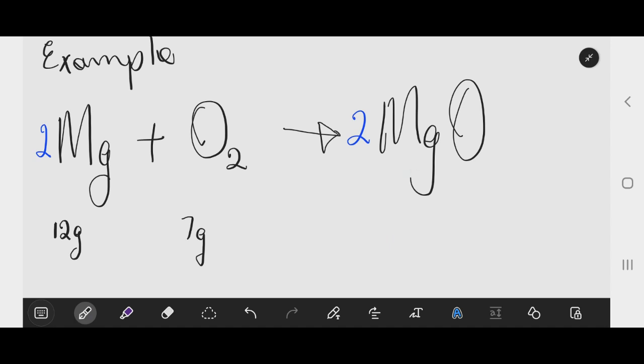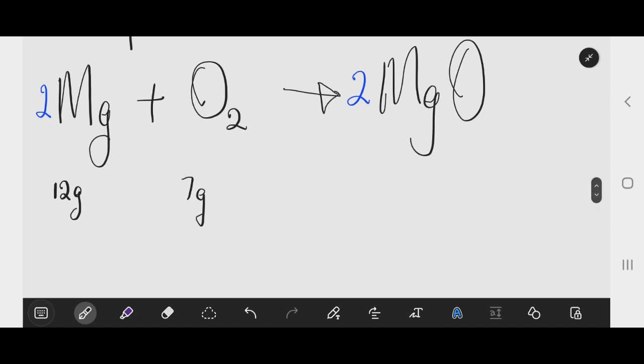But now the amount of product that we produce is limited by the limiting reagent, right? So we have to check which one is the limiting reagent between magnesium and oxygen. And that is what we're going to use to calculate the amount of magnesium oxide that would be formed, right?